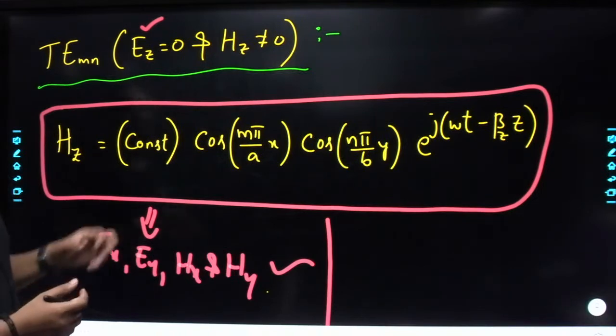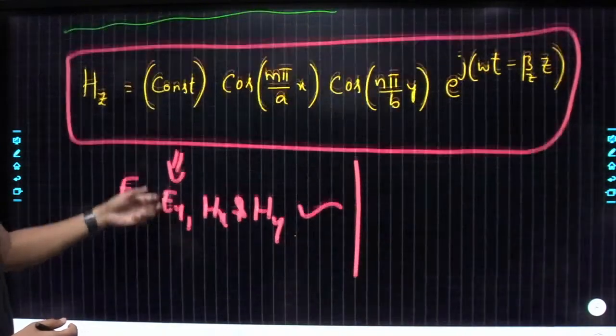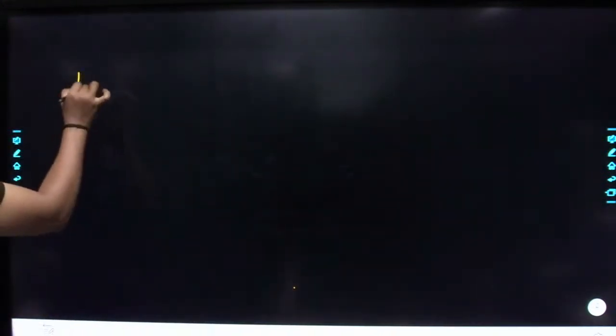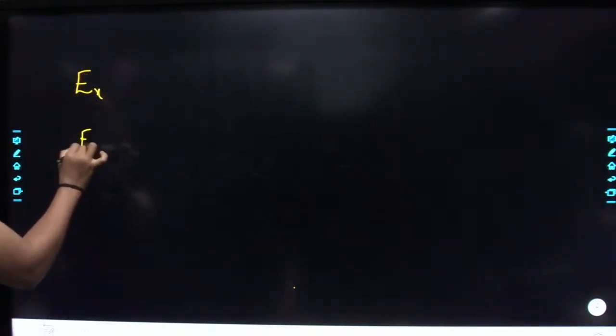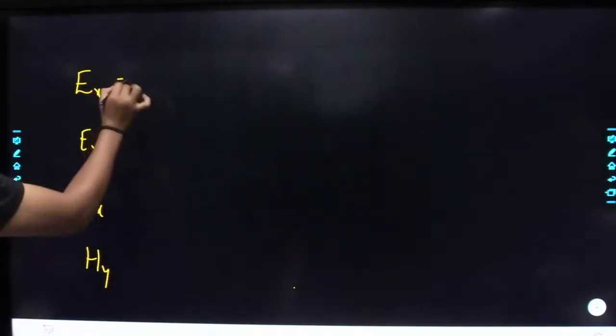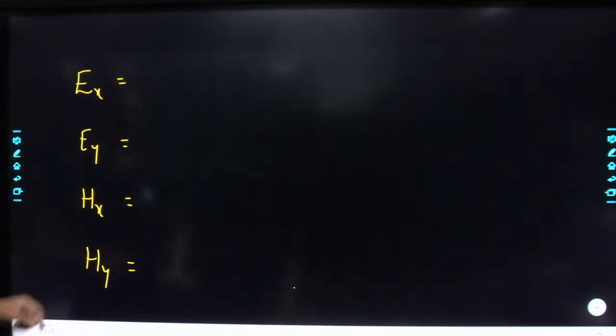Now see here, for the TE mn mode, if I write the expressions for Ex, Ey, Hx, Hy, what are you going to get? Ez equal to 0, Hz is not equal to 0.